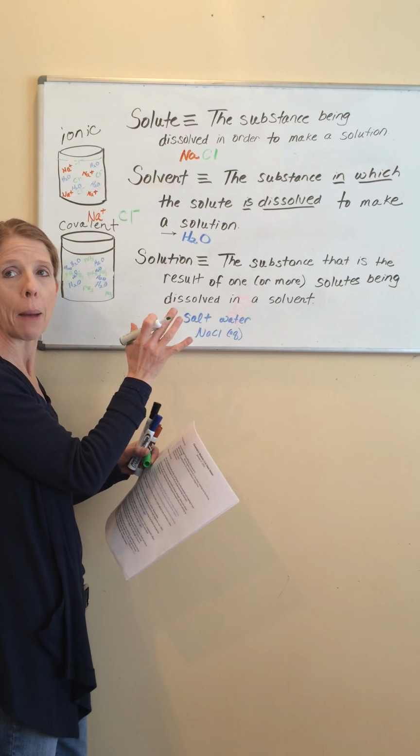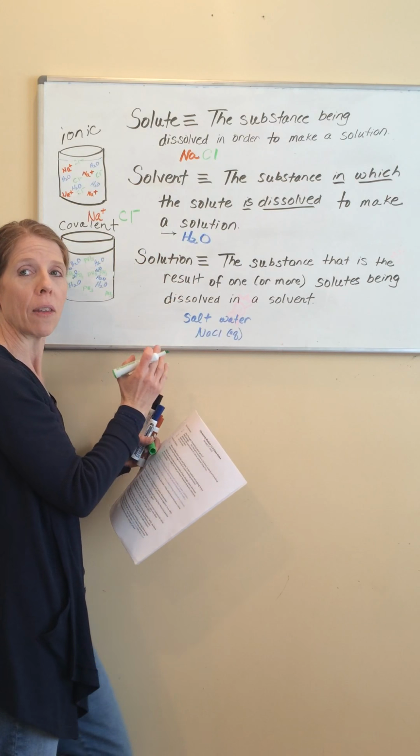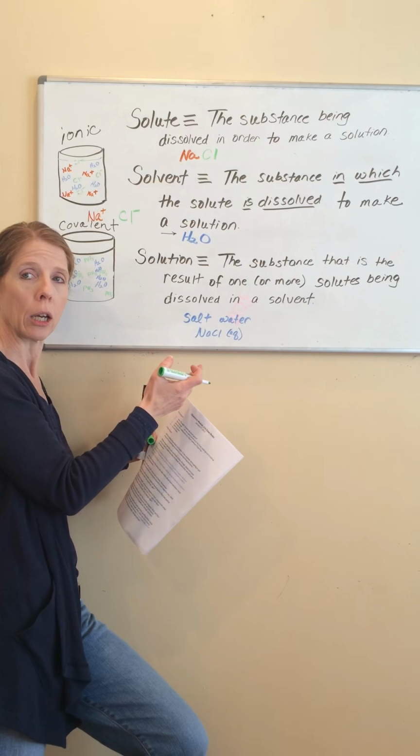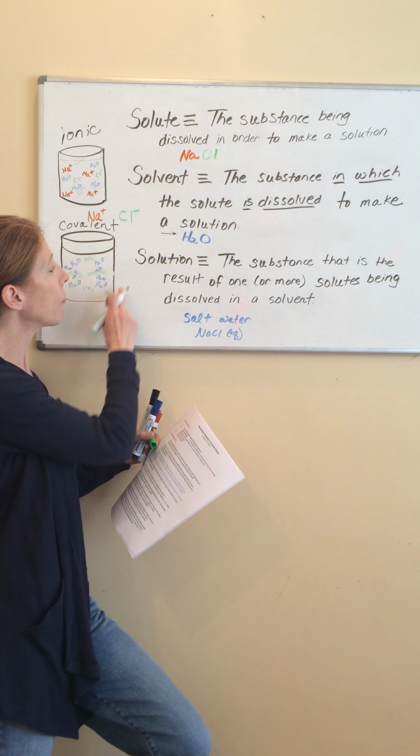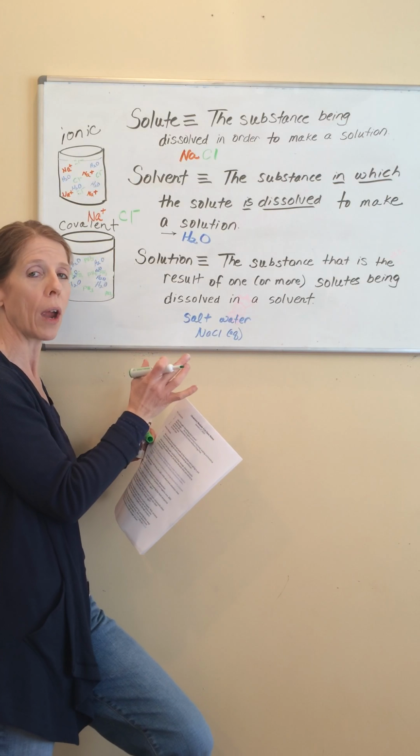And then the same thing happens. These molecules are broken off individually, and then, just like the ionic molecules, they are freely floating within my solution. So that's what happens with a covalent compound.